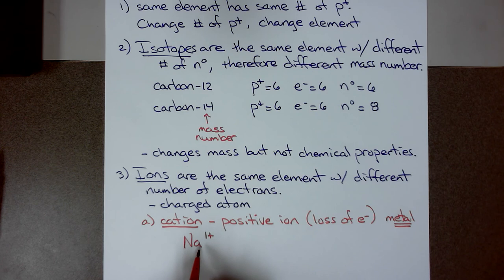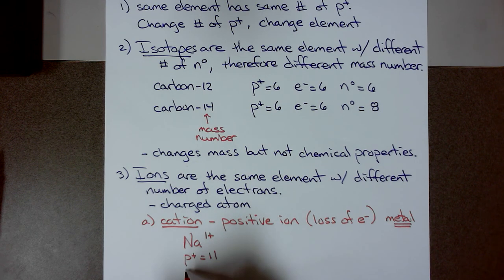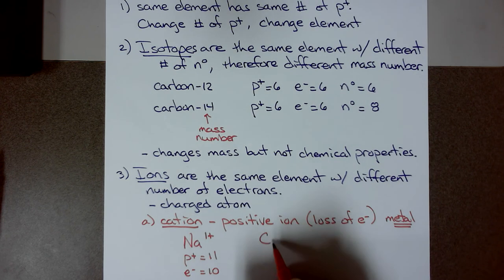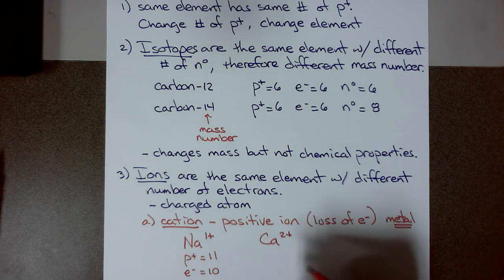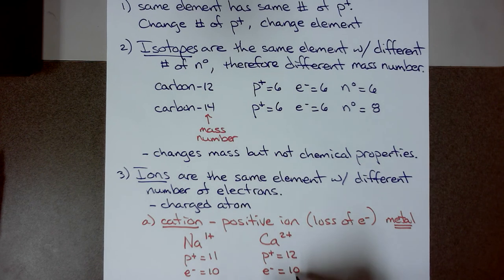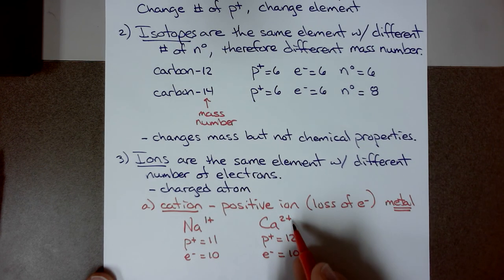In other words, sodium has 11 protons, but the number of electrons is 10. We have lost an electron, so what's left over is a positive charge. Or if I have calcium 2+, the number of protons for calcium is 20, but we have 18 electrons, so we've lost 2 electrons, so there's a 2+ charge left over.